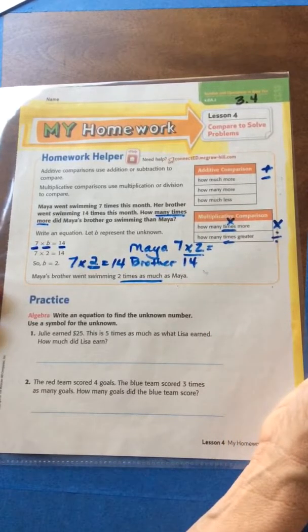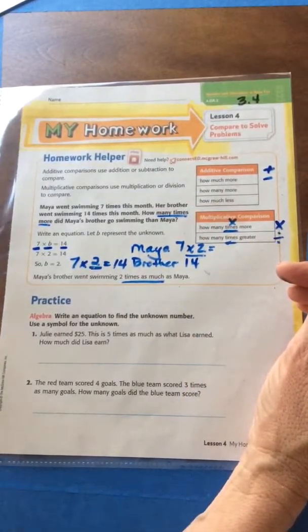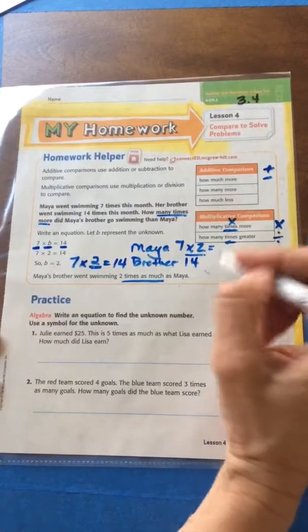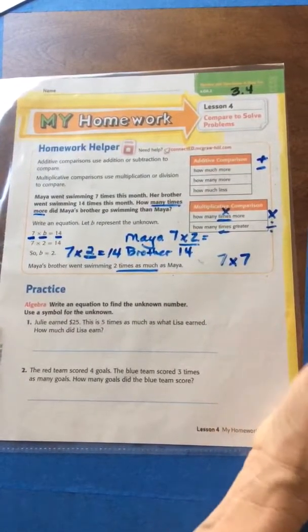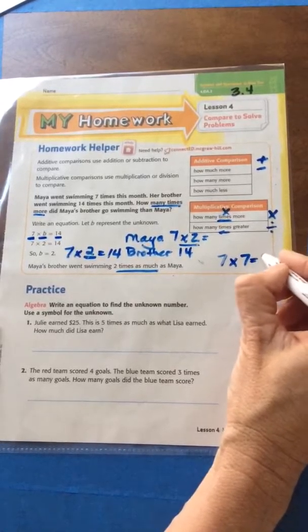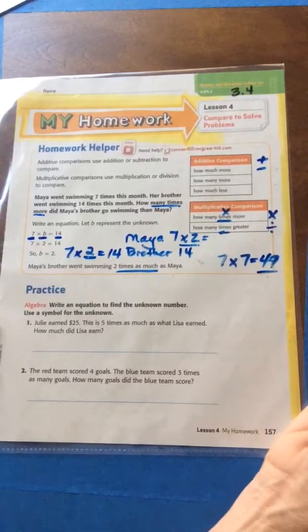I know this is confusing because kids say, oh, he went 7 more times than she did. And that's normal language and everything, but if you're looking at it as a math problem, you would say, oh, he went 7 times more than she did. It gets confusing. Okay, then you're thinking, man, he went 49 times.